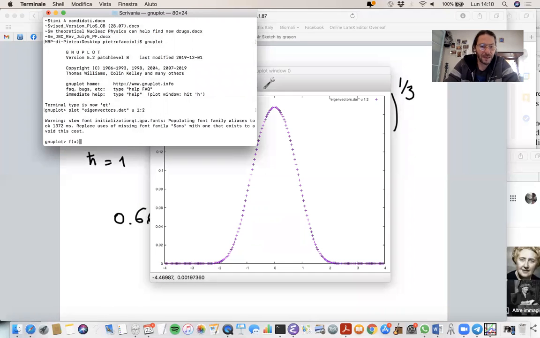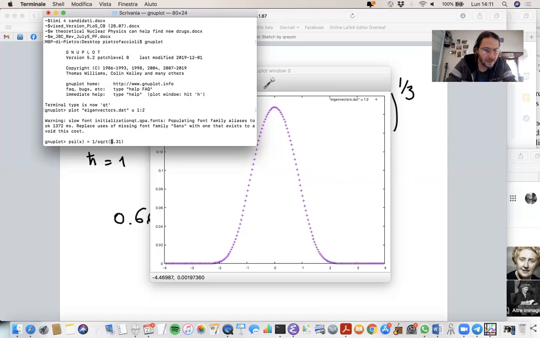So f of x, that's my, let's call it psi of x, my ansatz, is going to be the normalization, and the normalization is, let me write it in numbers. It's 1 over root of 1.31. I'm plugging in numbers.